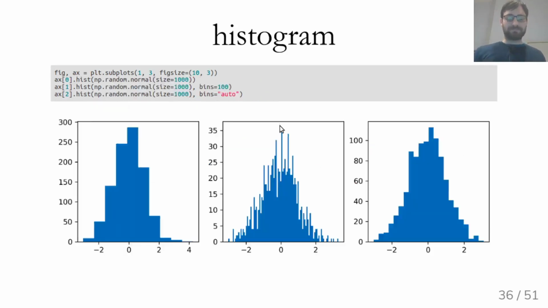Histograms, also great. By default, histograms have 10 bins. That's never the right number of bins. So you can change the number of bins manually, or there's auto. You have the same auto keyword if you use the histogram from pandas.